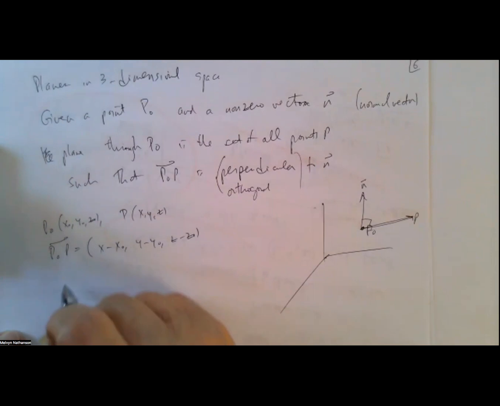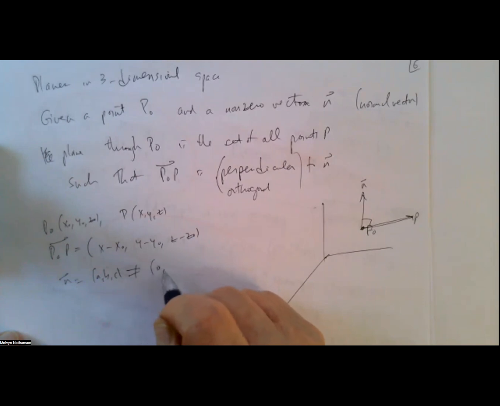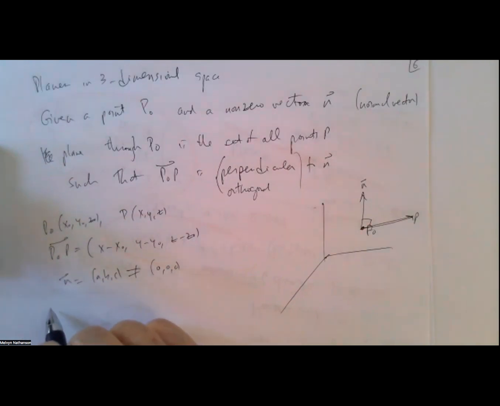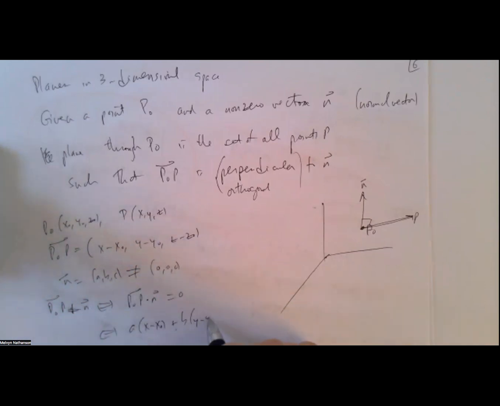And if n has coordinates a, b, c, and n is not the zero vector, it's not 0, 0, 0, then to say that these two vectors are perpendicular, P naught P perpendicular or orthogonal to n, means that the dot product of these two vectors is 0. And the dot product is A times x minus x naught plus B times y minus y naught plus C times z minus z naught equals 0.